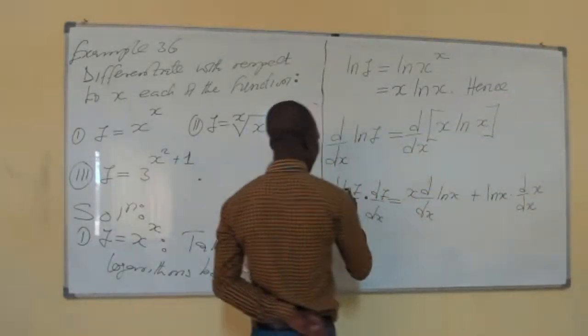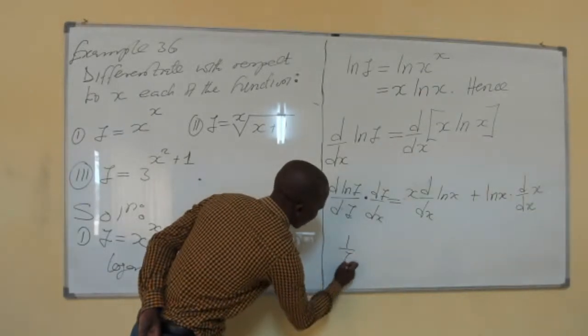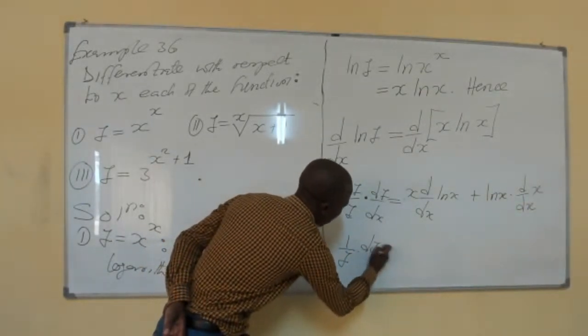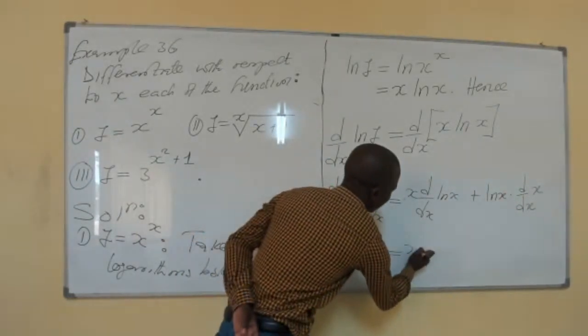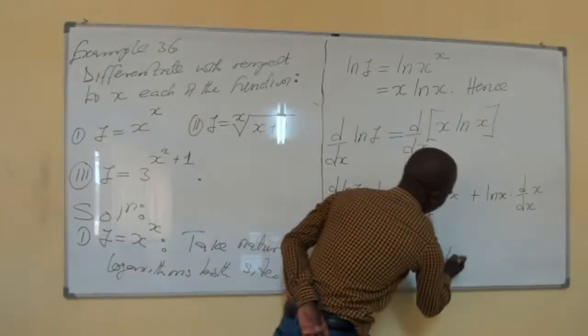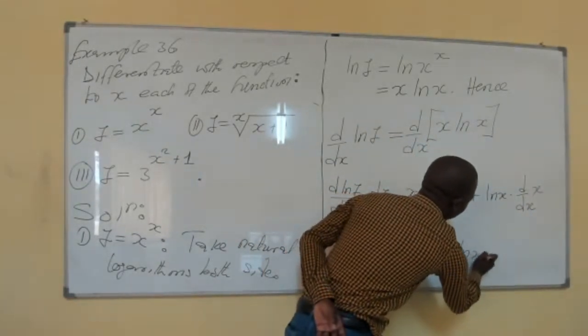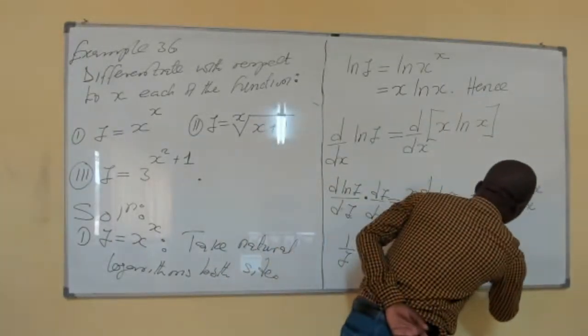Now, the derivative of ln of y with respect to y gives us 1 over y multiplied by dy/dx, which is equal to x times the derivative of ln of x, which is 1 over x, plus ln of x times the derivative of x with respect to x, which is 1.